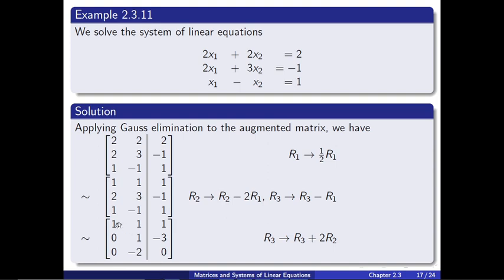Now the next entry is a non-zero, so we want anything below it to be 0. So we want minus 2 to become a 0. How do we do that? Well, we can say minus 2 plus 2 times 1, and then we get our 0. In other words, R3 plus 2R2.